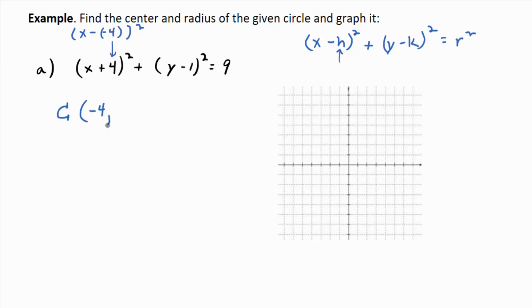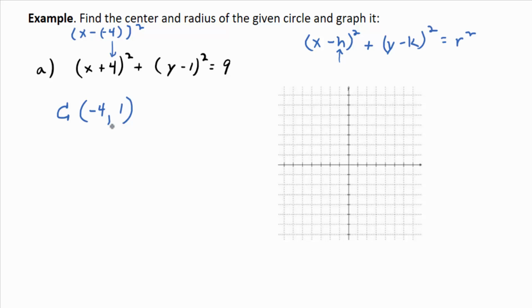Now, it's kind of like finding the first coordinate of the vertex when we had a parabola in standard form. You just take the opposite of what you see, but you do that for both coordinates here. So if you see x plus 4 inside the parentheses, h is going to be negative 4. And then what's k going to be? You see a minus 1, so k is just going to be 1.